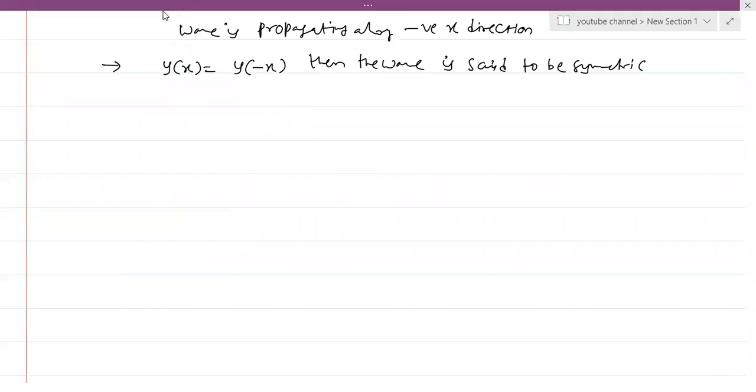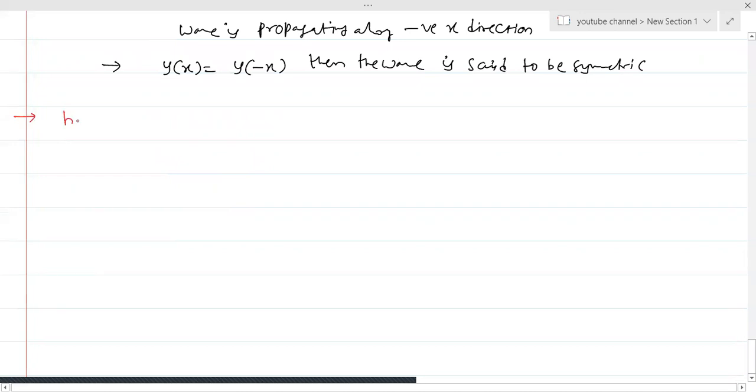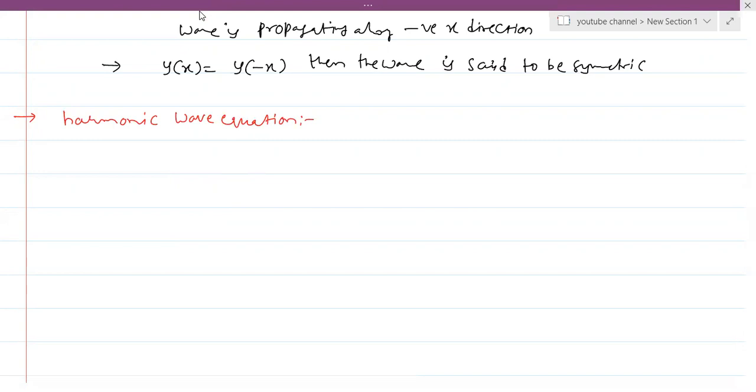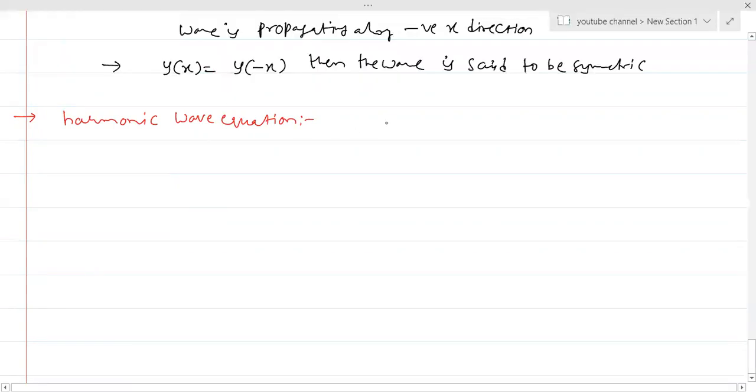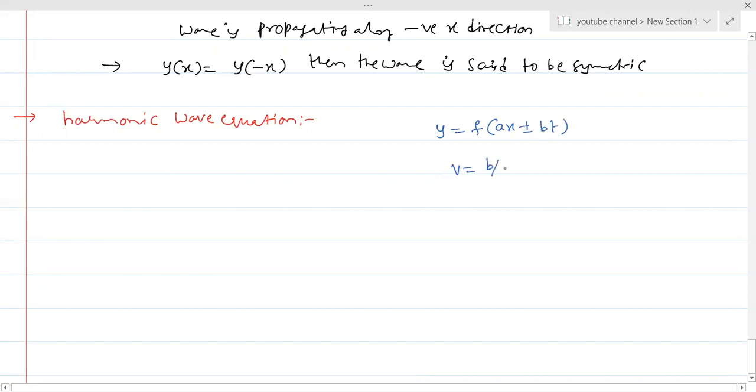And we are taking the harmonic wave equation. Just now we took y as a function of ax plus or minus bt, so the velocity of the wave is v equal to b by a.